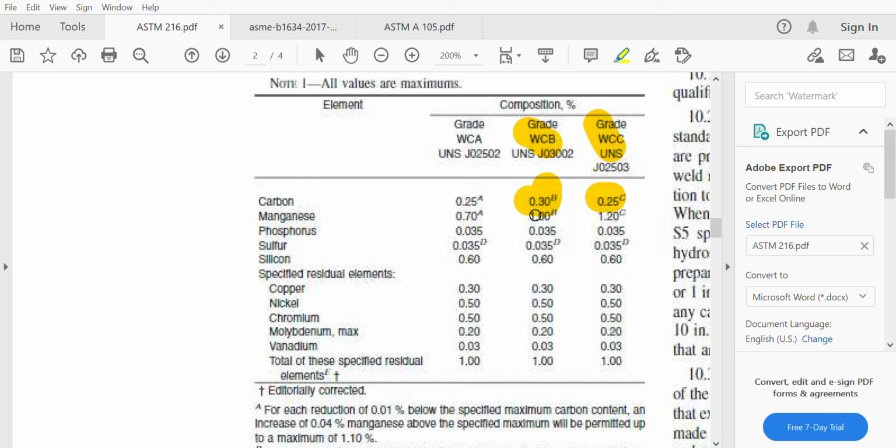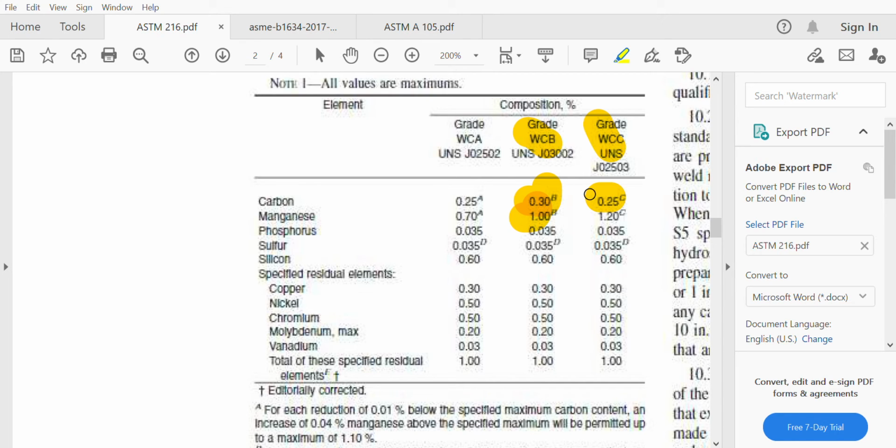There is a variation in manganese. In case of WCB, the manganese is 1%, and in case of WCC, it is 1.2%. All the other elements have almost the same specification. So WCC, due to the slightly higher content of manganese, is more corrosion resistant.